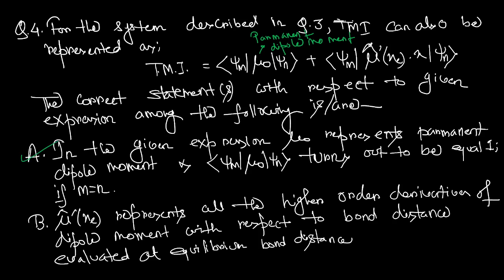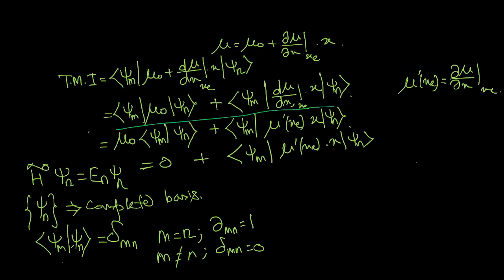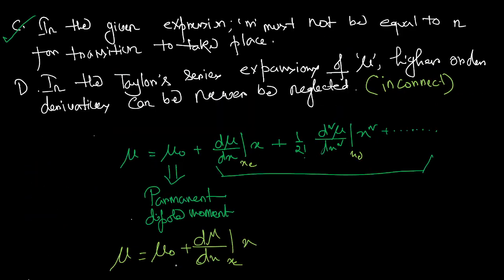Now for option B, mu prime xe represents all the higher order derivatives of the dipole moment with respect to bond distance, evaluated at the equilibrium bond distance. Here you can see that the transition dipole is written as a Taylor series expansion of the permanent dipole moment with additional higher order terms.